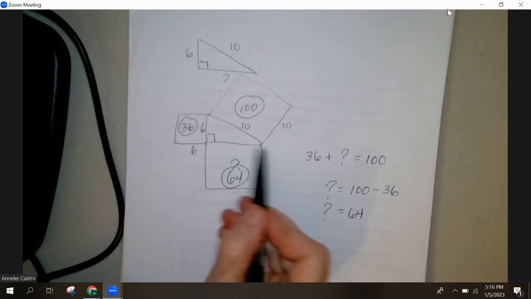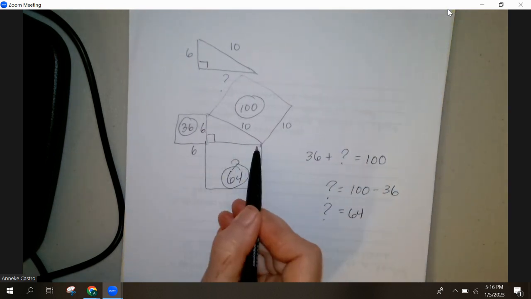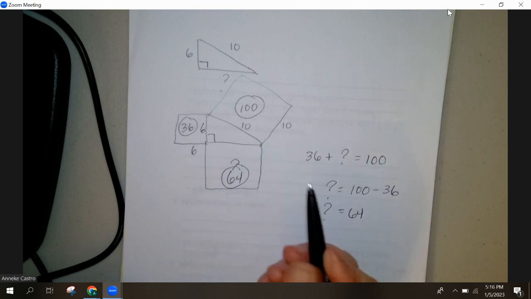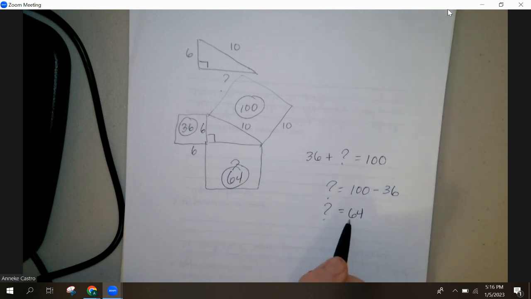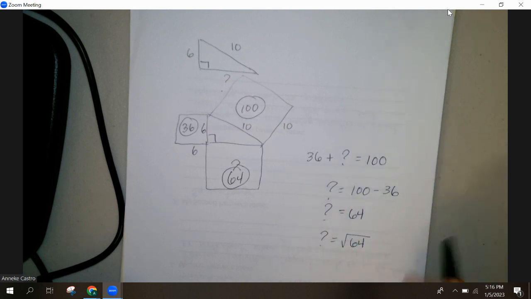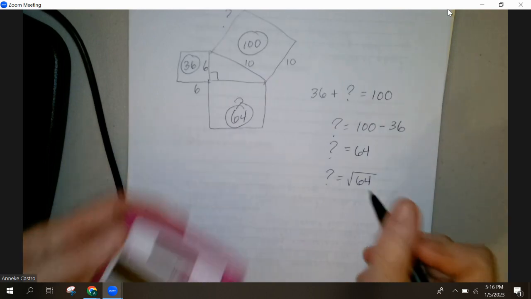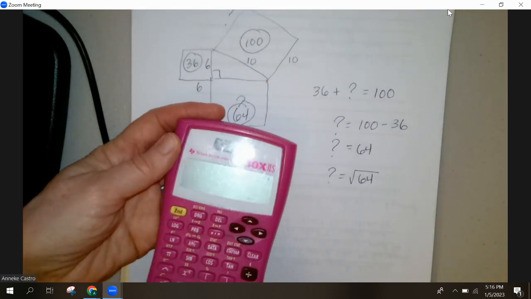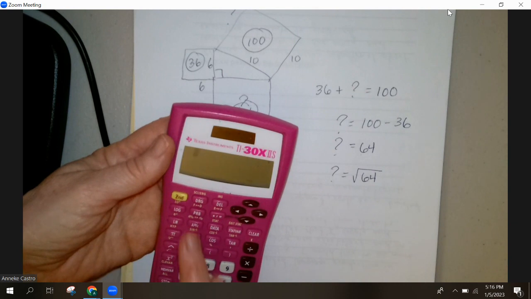But now I need to figure out what this side length is. So I'm going to have to figure out what number times itself is 64. Remember how we do that? We take the square root of that number. The square root of 64, I happen to know what it is, but if you don't, again, use the calculator.